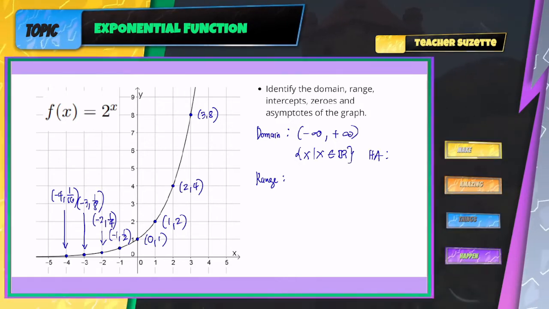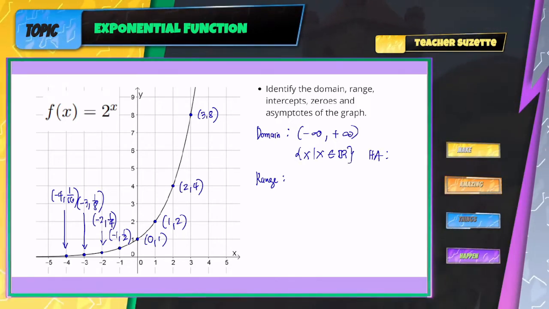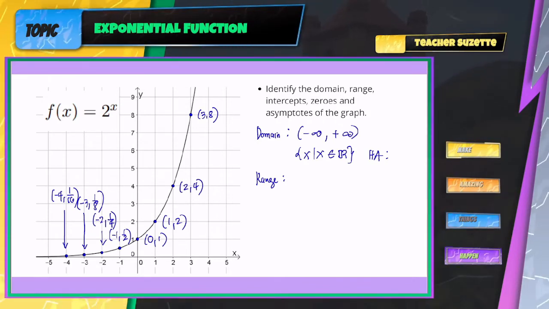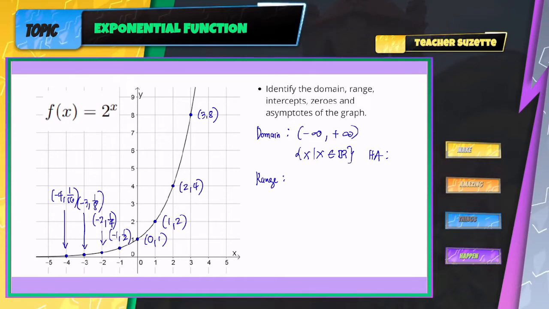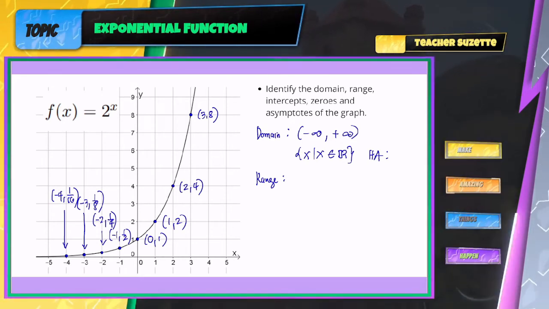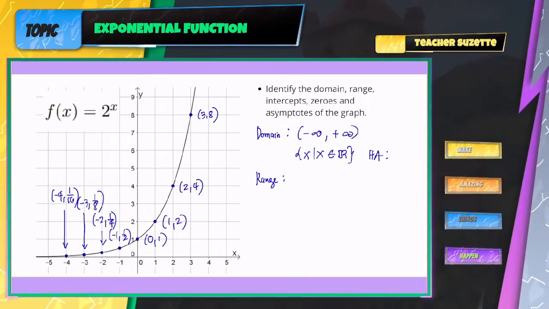Before we proceed with our range, kanina, while examining the domain or identifying the domain of our function, meron tayong isang napansin, which is yung ating horizontal asymptote.